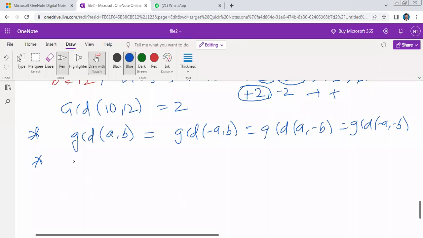Another one: what is the GCD of 0, 10? 10 only. Yes, exactly, 10 is the correct one.